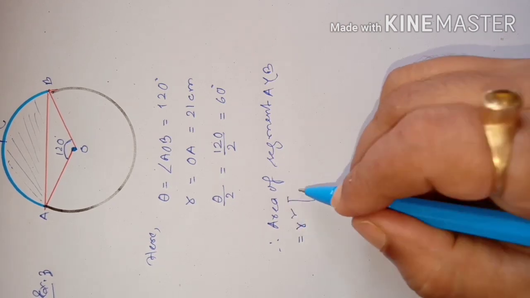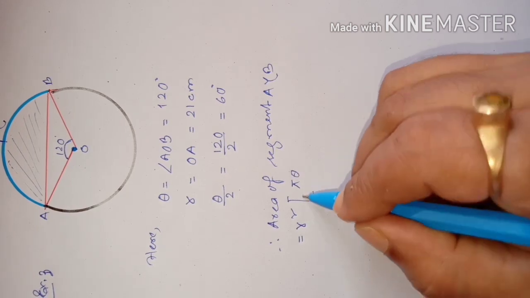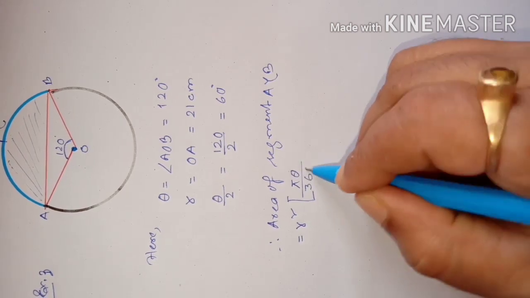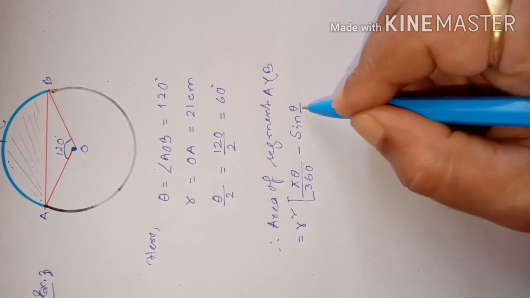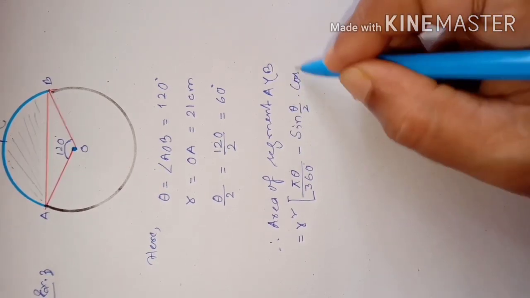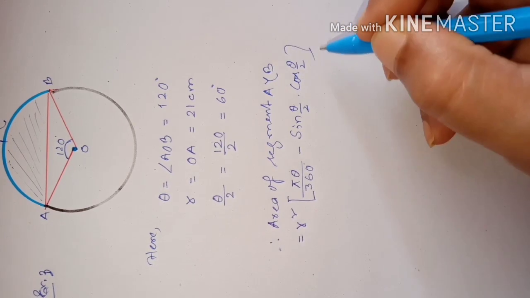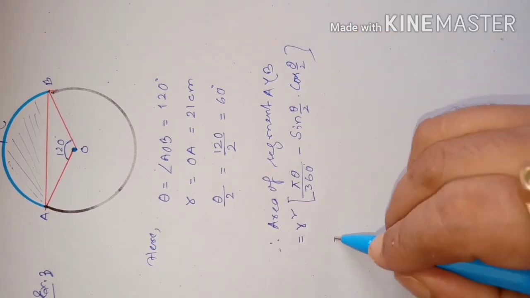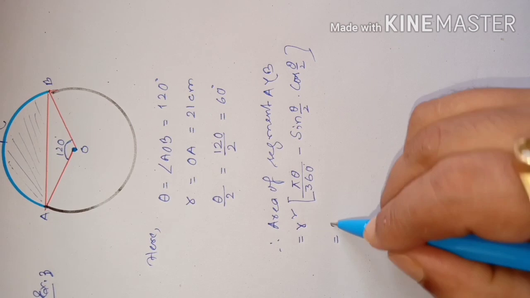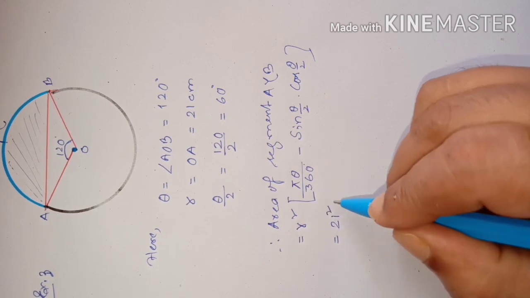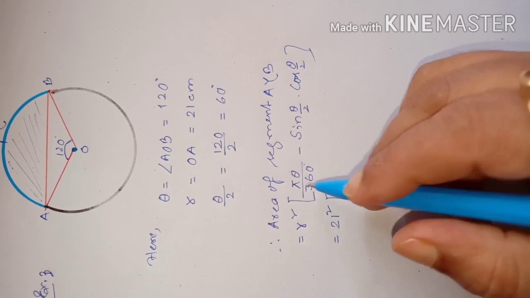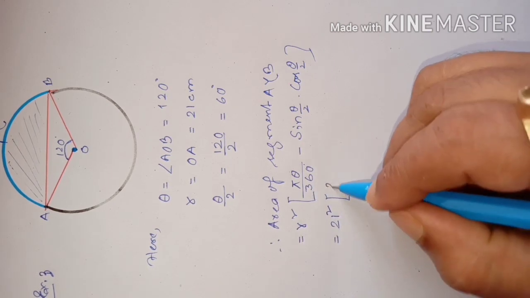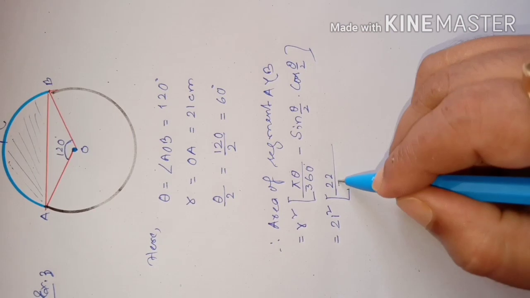R square times pi theta by 360 minus sin theta by 2 into cos theta by 2. So R square, R is what here? 21. So you write here 21 square into pi. Value of pi is mentioned in the question, 22 by 7. So we'll use it here, 22 by 7.